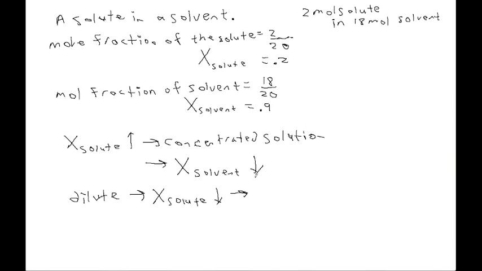But the original question was, if the solution is dilute, would X solvent be high or low? X solvent would be high. Right. I thought your original answer was that X solvent would be low, so you might have been confusing that with the mole fraction of the solute. As I said, this could be confusing because these move in opposite directions. If the solute is not very crowded, that means there's more crowding for the solvent. All right. So it's important to distinguish between these.